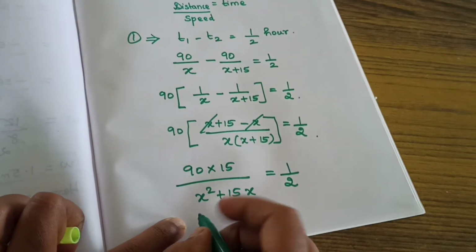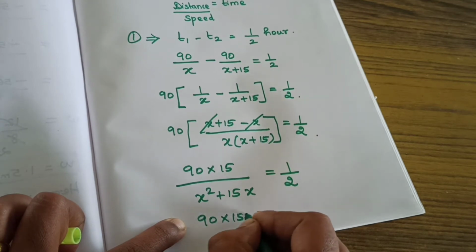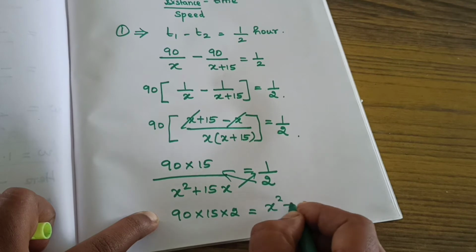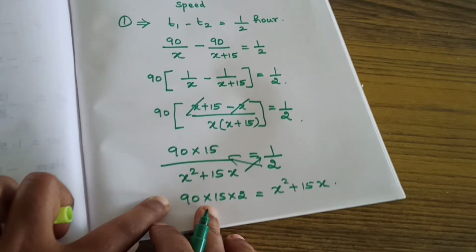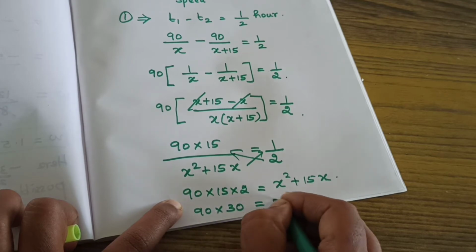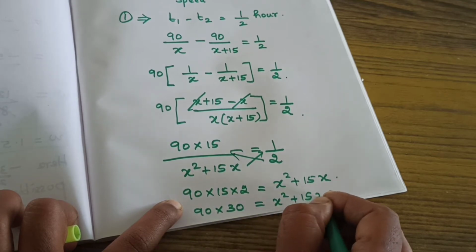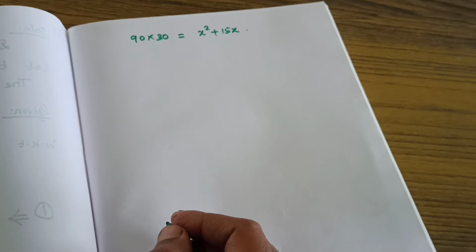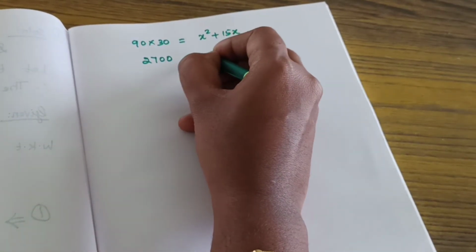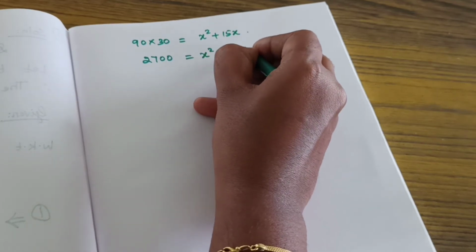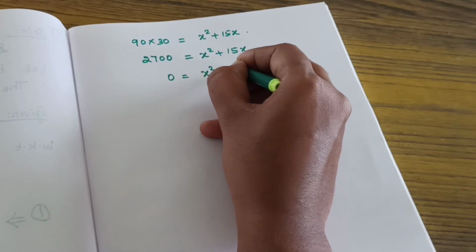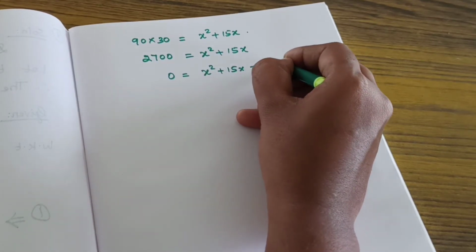Now cross multiply: 90 into 15 into 2 is equal to x square plus 15x. Multiplying this, 90 into 15 into 2, 9 3s are 27 and 2 zeros, which is equal to x square plus 15x. Now take all the terms to one side: 0 is equal to x square plus 15x minus 2700.